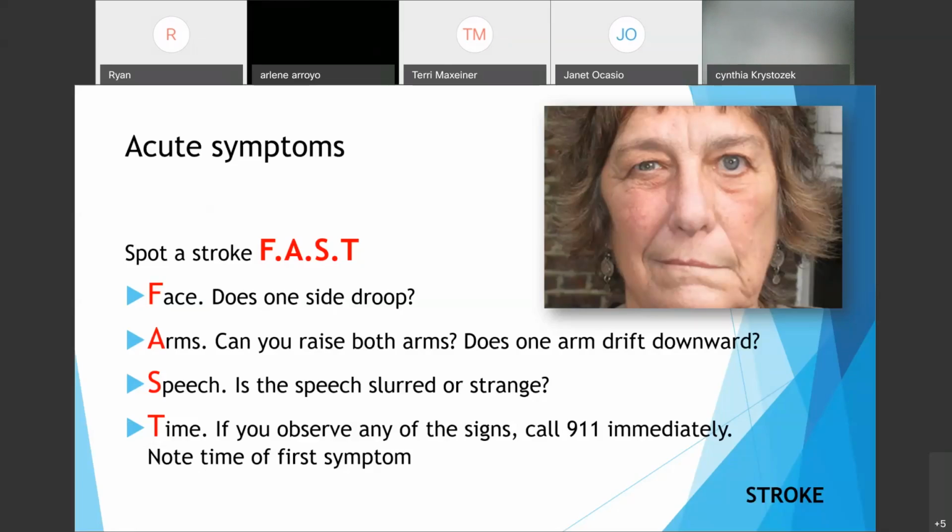Is the person able to raise both of their arms and keep them there, or does one arm drift to the side? The S stands for speech. Is their speech slurred or strange? And then the T standing for the time. It is important that you note the time that symptoms began, the time of the first symptom, and that we call 911 immediately because we spotted a stroke, we've spotted it fast, and now it's time for intervention.